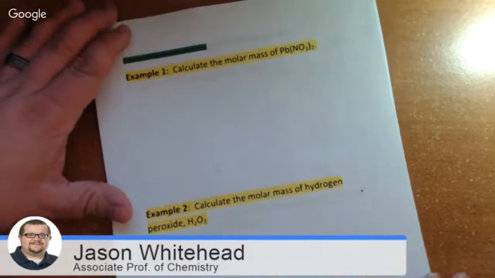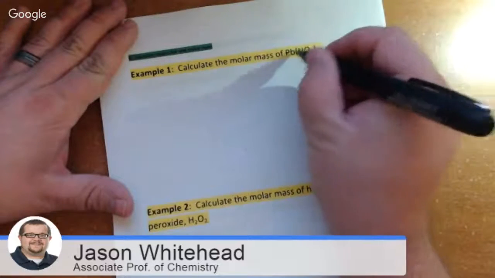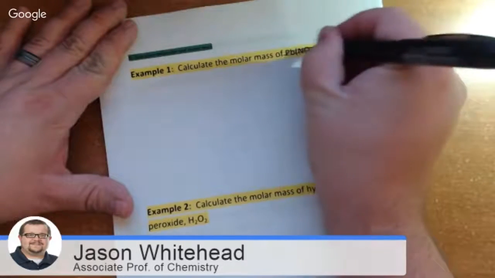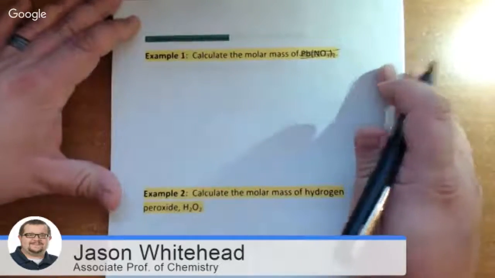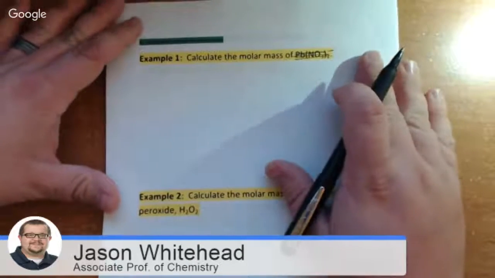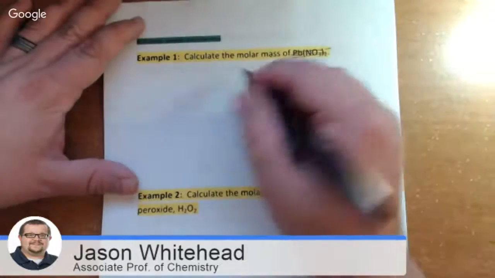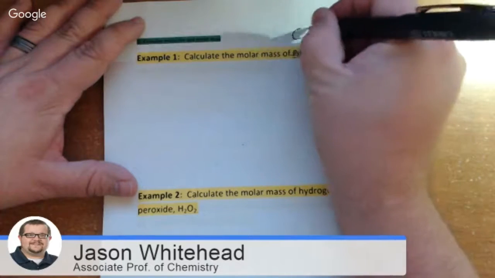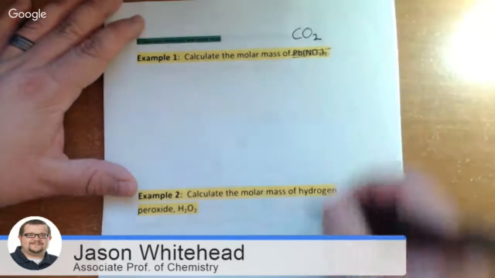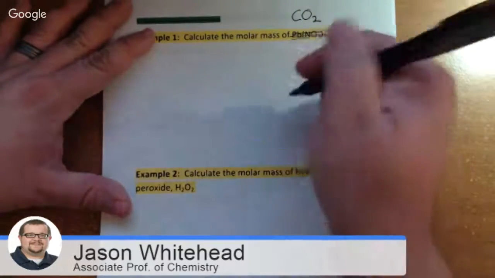Okay, so I'm going to change this up a little bit just so we can make the example a little cleaner. The problem says calculate a molar mass. Like I said a few minutes ago, I'm going to give you a copy of the periodic table. So let's say we want to calculate the molar mass of CO2. If I have to calculate a molar mass, we're going to have to go to the periodic table.